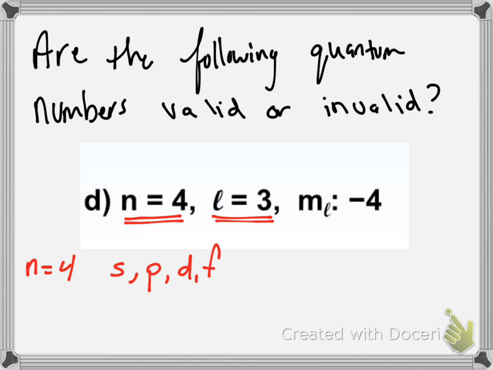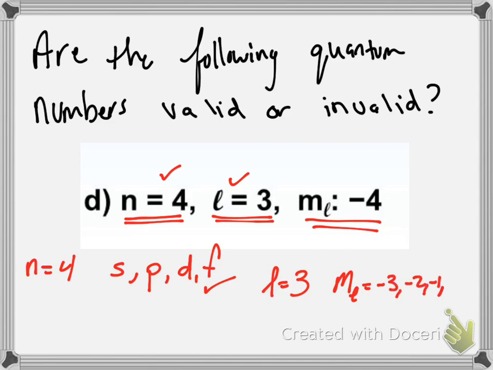Do we have f in the fourth level? Yes. So this is okay and this is okay. m sub l is -4. Now if l equals 3, remember m sub l can be -3, -2, -1, 0, 1, 2, 3. There's no 4. So this is wrong. So this one is also invalid.